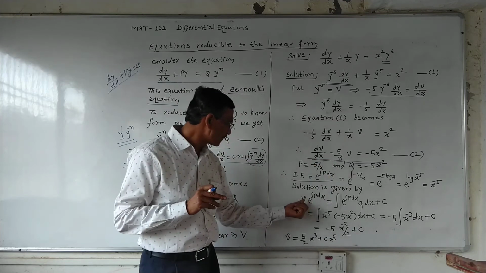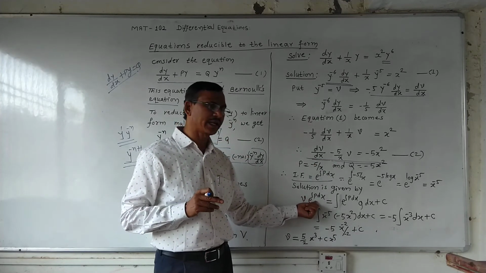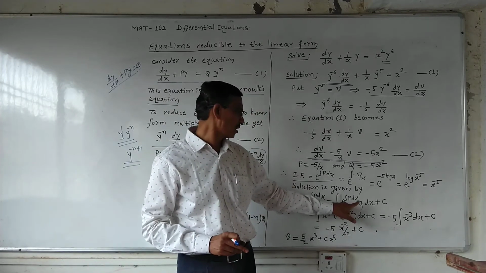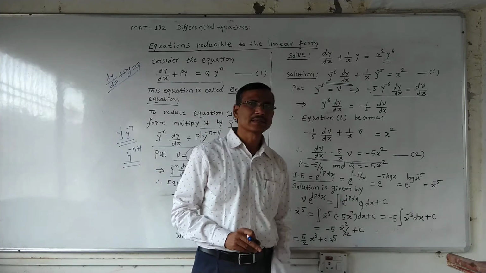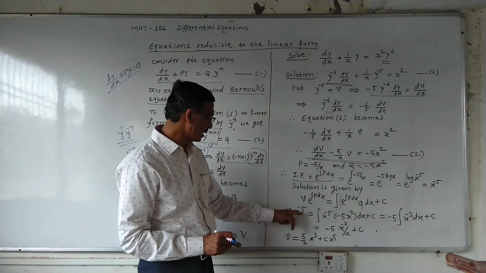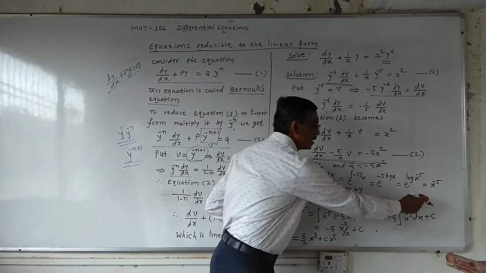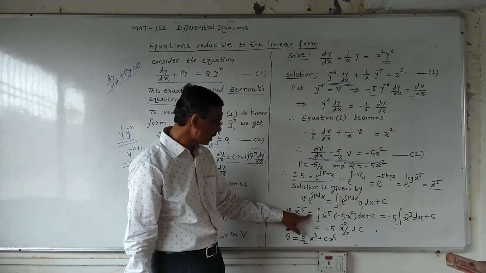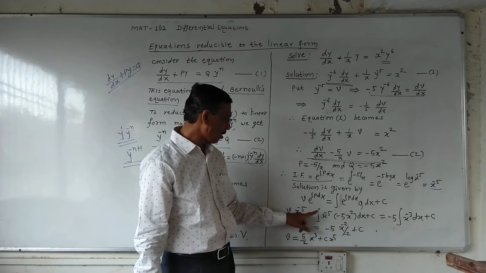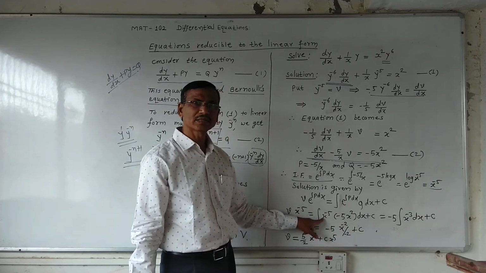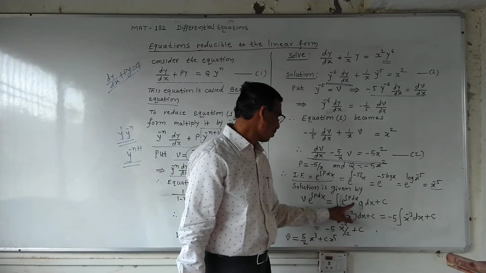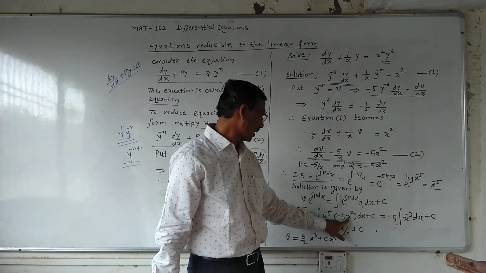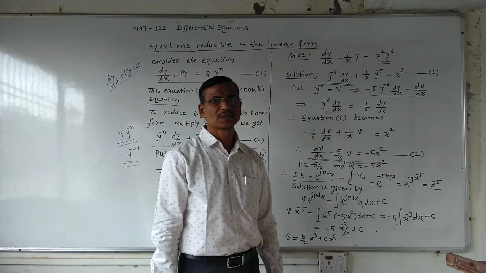Therefore, instead of y, we shall consider v into integrating factor is equal to integration of integrating factor Q dx plus c, and the remaining part is very simple. This v into integrating factor x raised to minus 5 is equal to integration of integrating factor x raised to minus 5 into Q, what is Q? Q is minus 5 x square dx plus c.